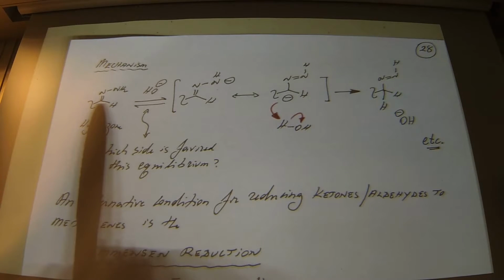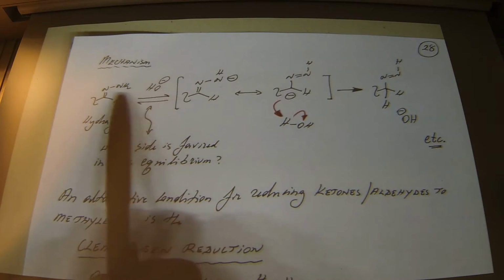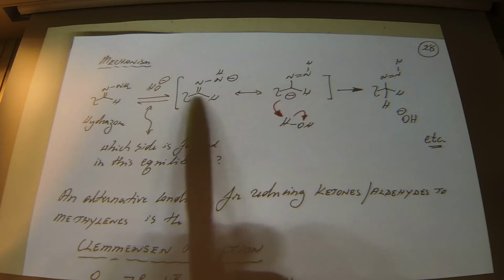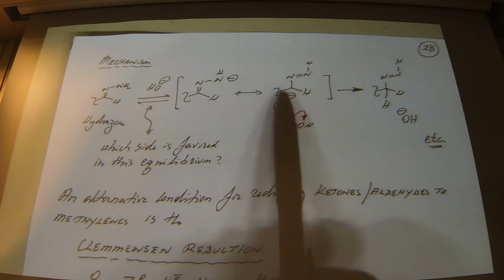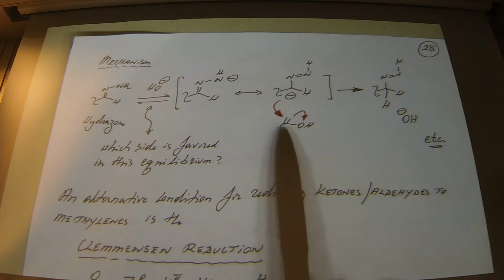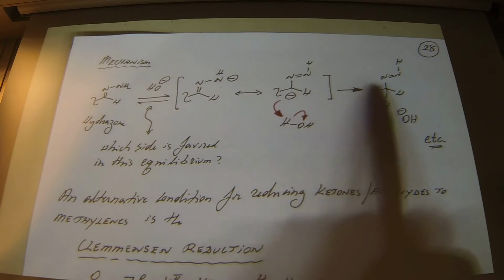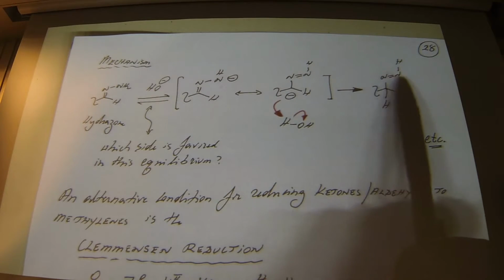And the hydrazone then gets deprotonated irreversibly, and you end up forming this resonance stabilized anion. And at some point, water, which is the strongest acid there, you don't have any acid, right? This is done in potassium hydroxide. So the strongest acid there, water, protonates this to give you this compound known as an azine.